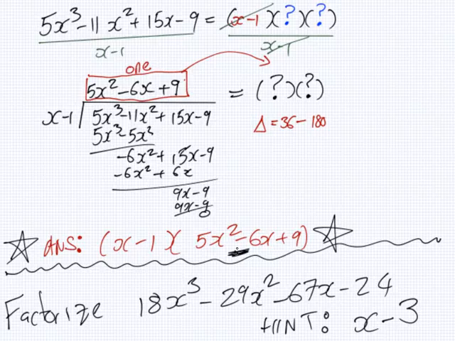I know it's not 3 factors, but it's kind of like there's 3, because this is a linear, which is 1, and this is a quadratic, which is 2. It's kind of like having 3 linears. You must leave it like this in the exam. So in the exam, this would be the answer, exactly like that. Okay, try this one.